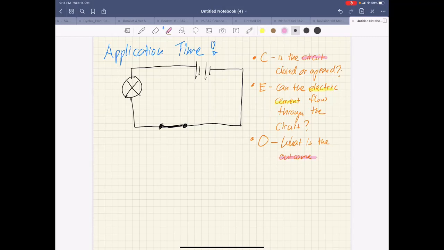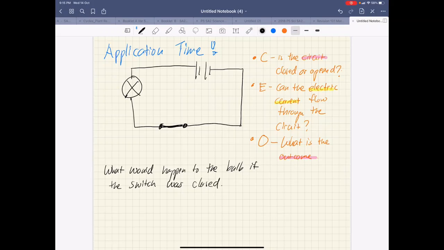Now the first thing you want to ask yourself is, is the circuit open or closed? In this example, I'm going to pen down the question: what would happen to the bulb if the switch was closed?